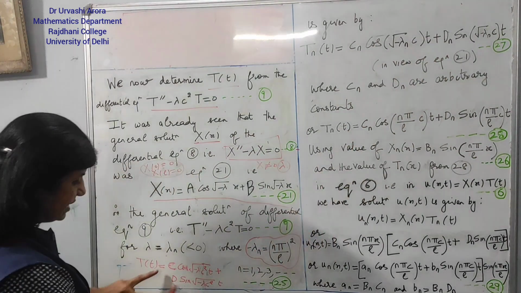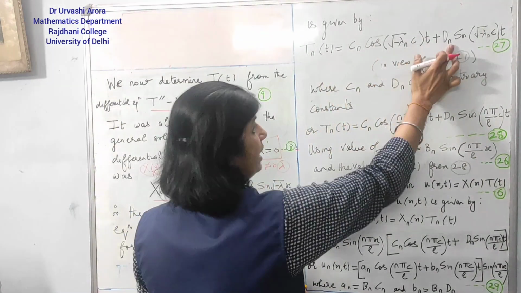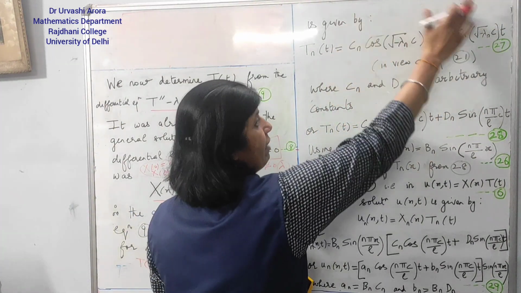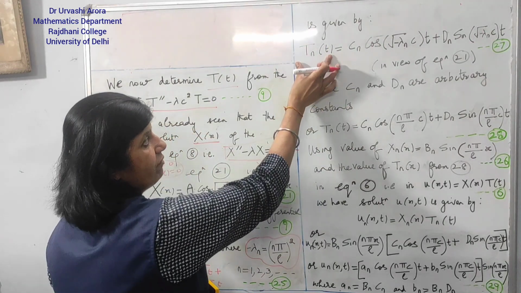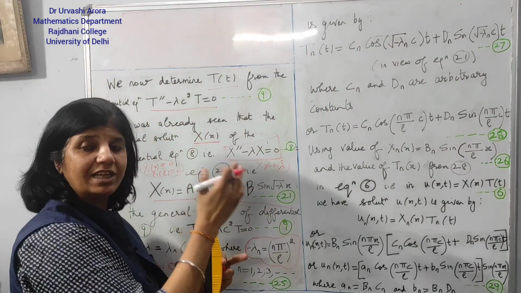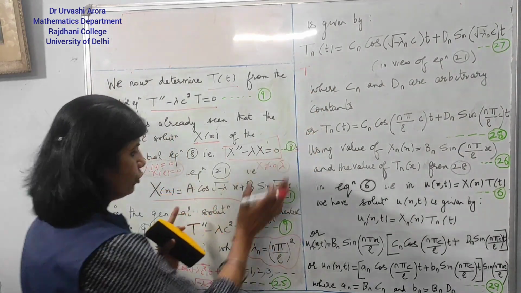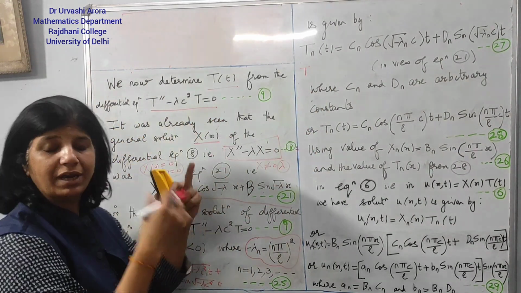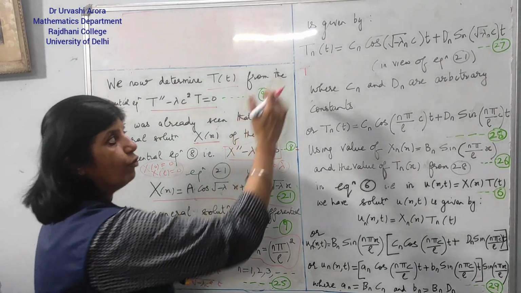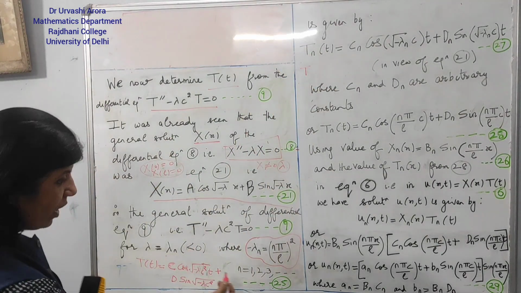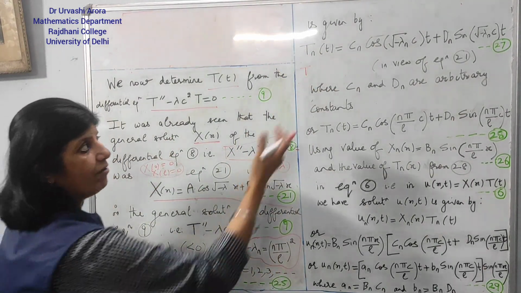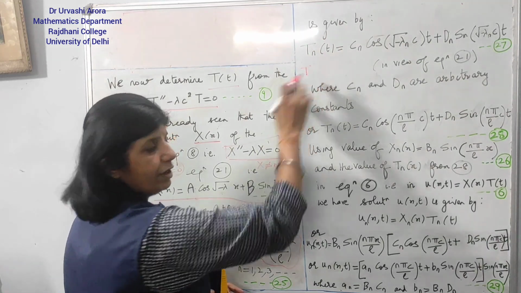So instead of writing c and d I am writing cn and dn, and corresponding to each value of n there will be a corresponding value of capital T. So this means that there is not one value of capital T that you obtain which is a non-trivial solution of this system, but there are many values for each n varying from 1, 2, 3 and so on.